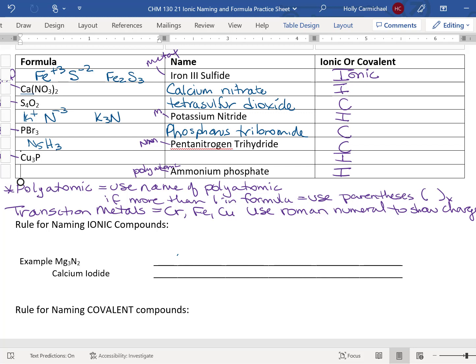Cu3P, ionic. In this name, there's one thing I have to do that's kind of weird and special. Because it's copper, what do I have to include? The Roman numeral. So I've got to figure out what the charge on the copper is. If I have Cu and a 3 on the P, what's the charge on phosphorus? -3, right? Because it's in group 5, so 8 minus 5 tells me it's a -3. Do you see those are the same? The copper has a 3 and the phosphorus is a -3.